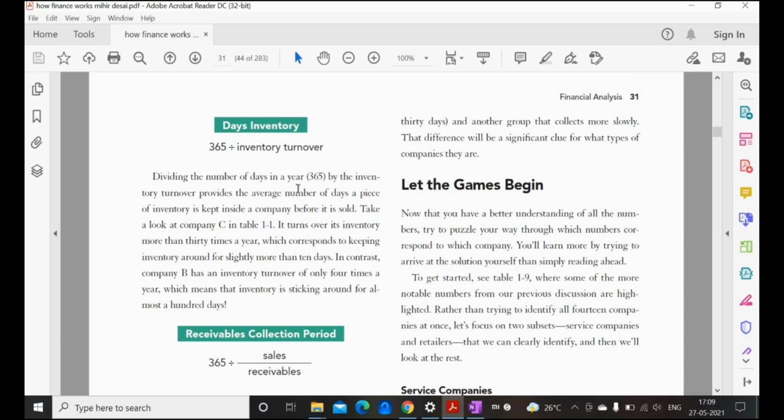Dividing the number of days in a year by the inventory turnover provides the average number of days a piece of inventory is kept inside a company before it is sold.